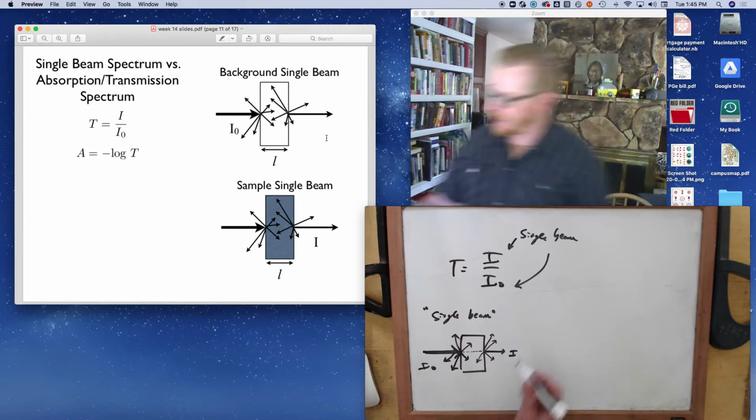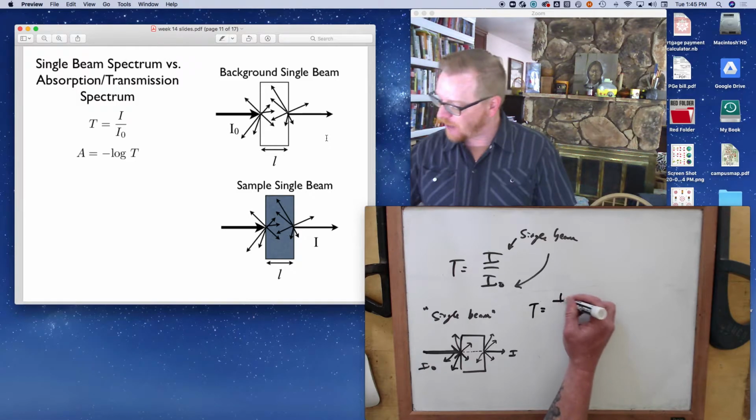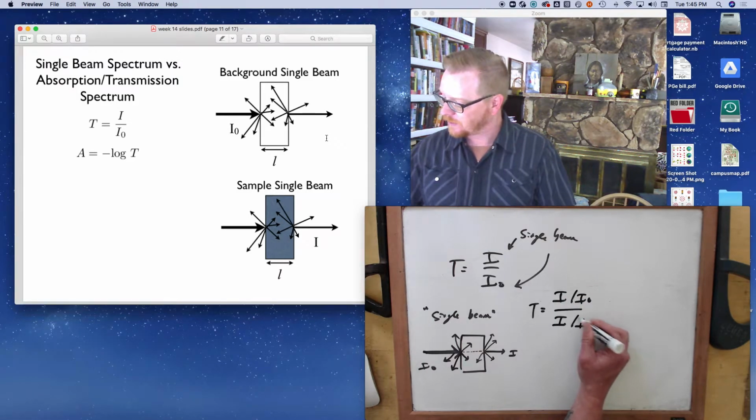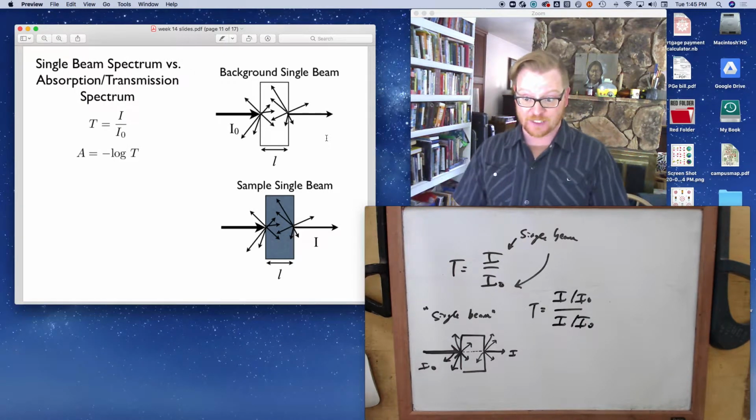So technically, when you're taking, let's just say, transmittance spectra, you're actually taking a ratio of ratios, right? You're doing a ratio of single beams.